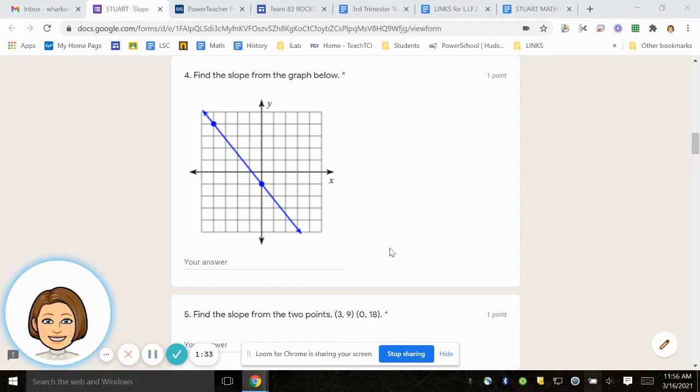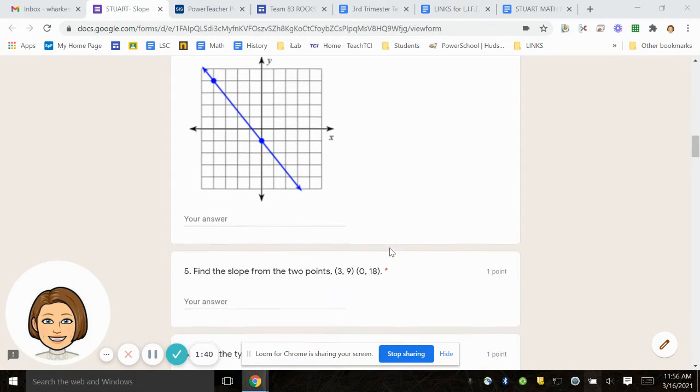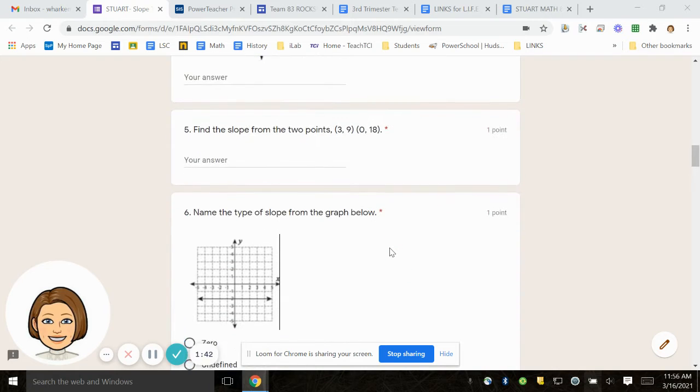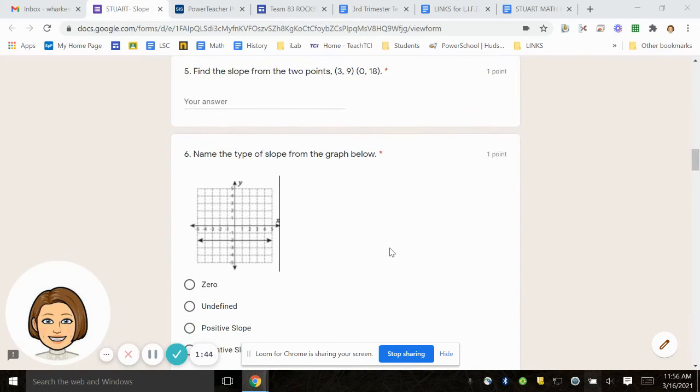Number 4, find the slope from the graph below. Number 5, find the slope from the 2 points, 3, 9, 0, 18.